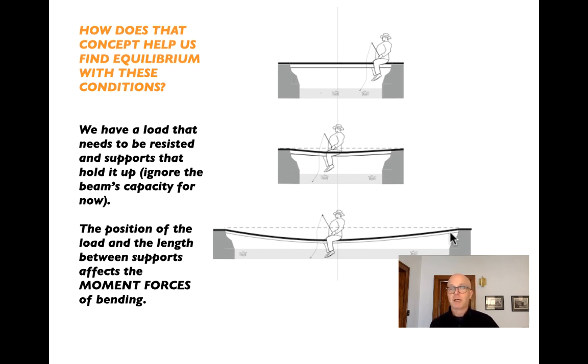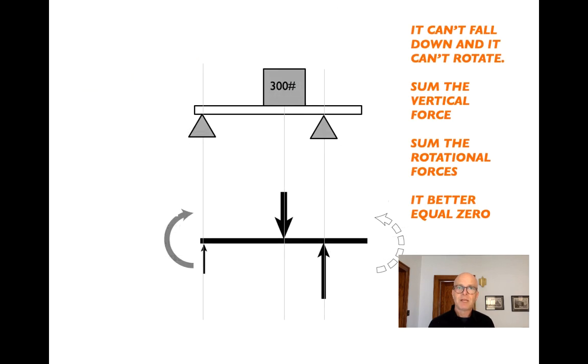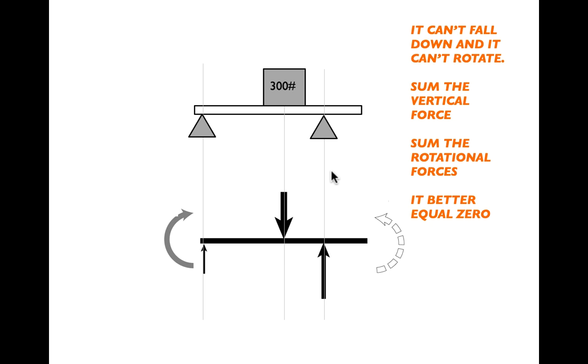The moments going in either direction want to be equal, their moment arms are equal, therefore the forces will want to be equal. We want to sum up the vertical forces, we want to sum up the rotational forces, and everything really wants to equal 0. We want 0 in the y direction, we want 0 in the clockwise or anti-clockwise direction. Can't fall down, can't rotate.